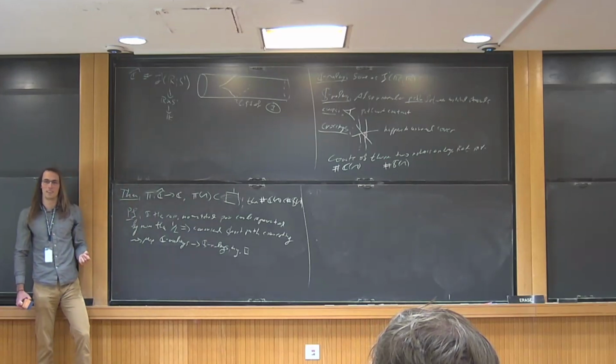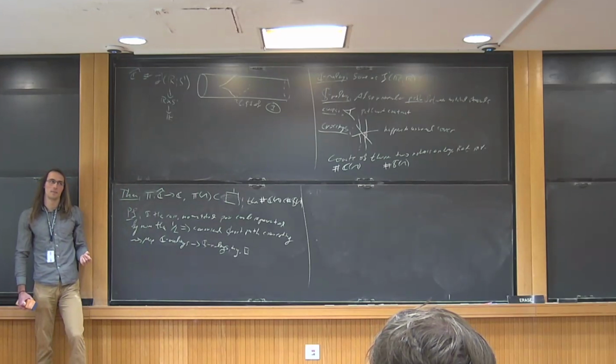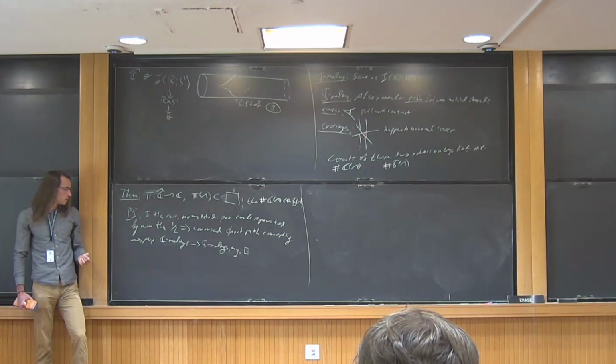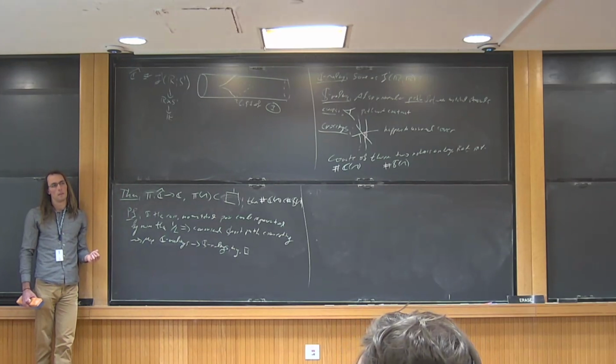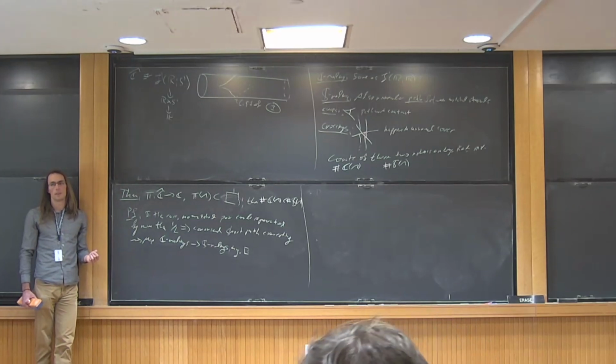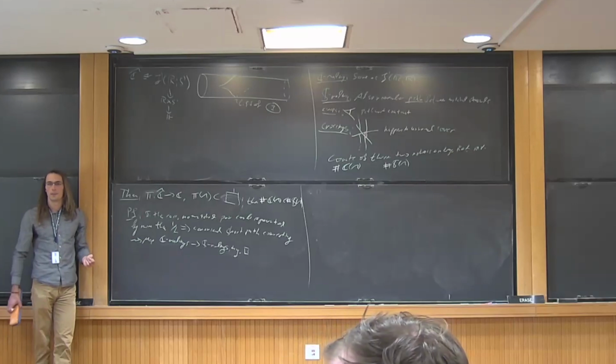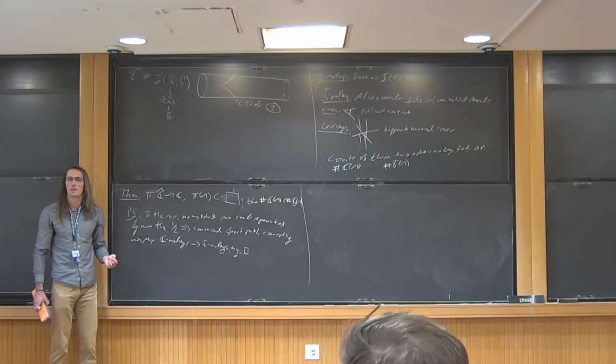Or you can go to the universal cover of the base, which, for open surfaces of negative Euler characteristic, is just R, and do everything there. Maybe. I'd have to think about it. That's a good question. I haven't thought about it.